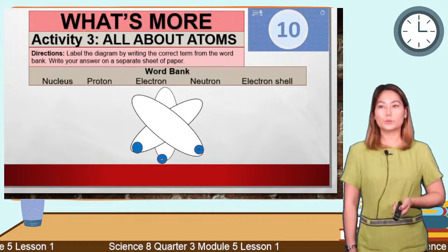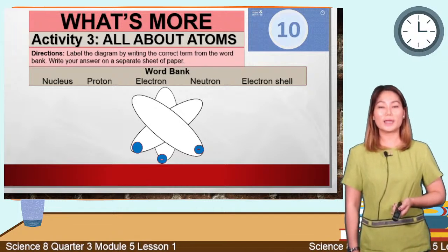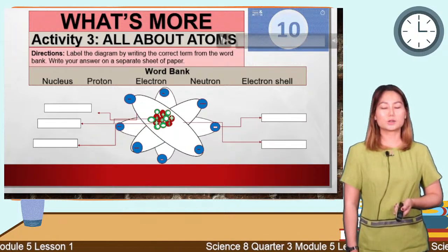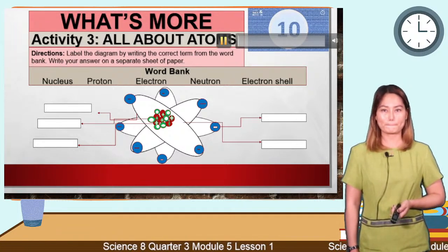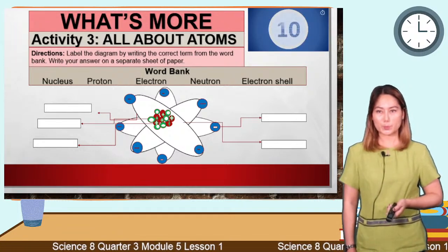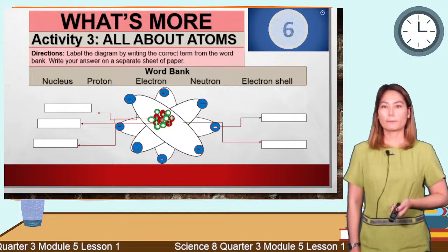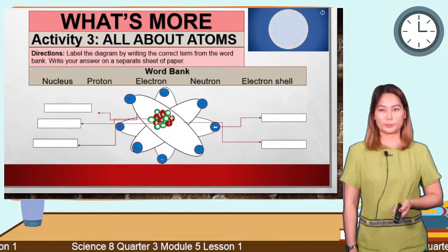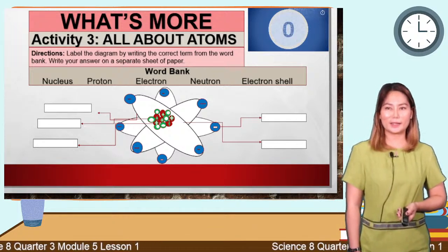We have the nucleus, proton, electron, neutron, and electron shell. Okay, so I'll give you 10 seconds to study the drawings. Timer starts now. Okay, time is up. Let's answer.